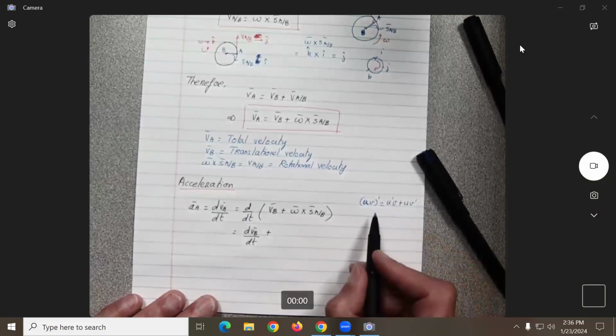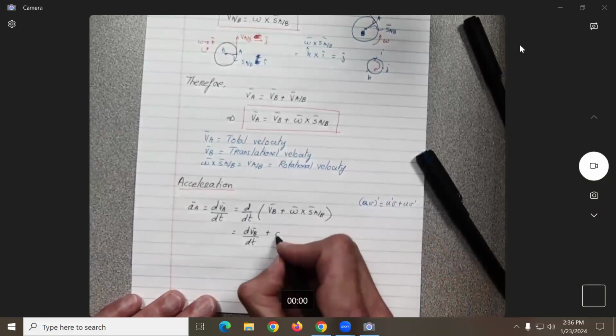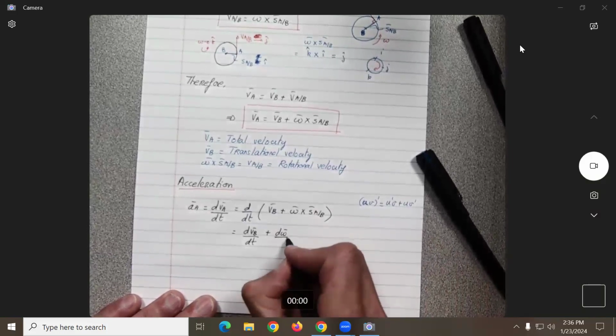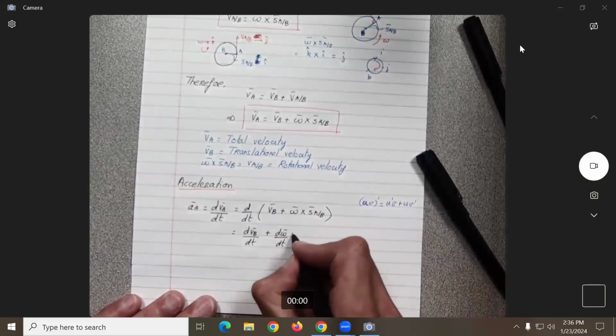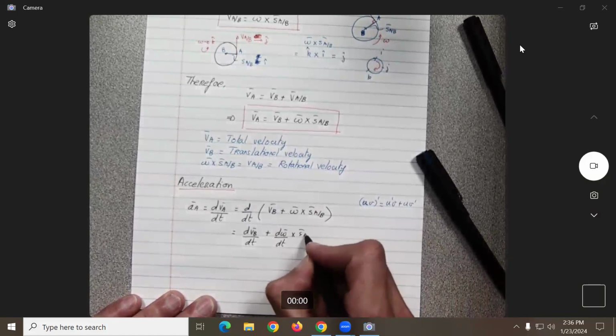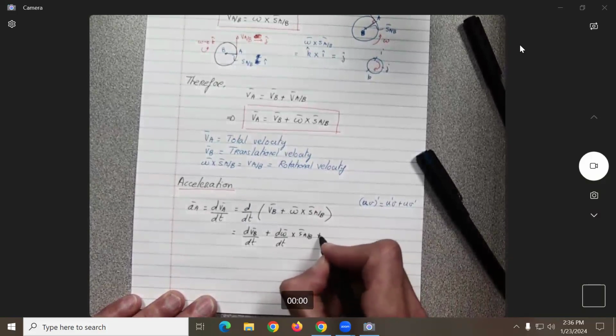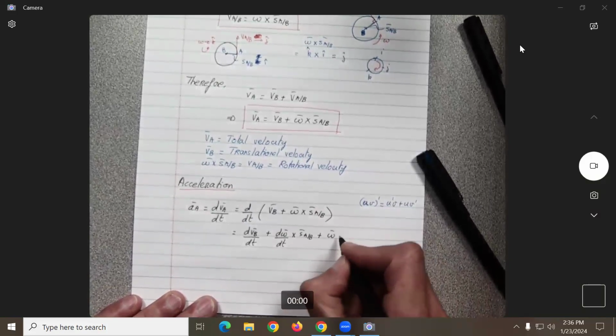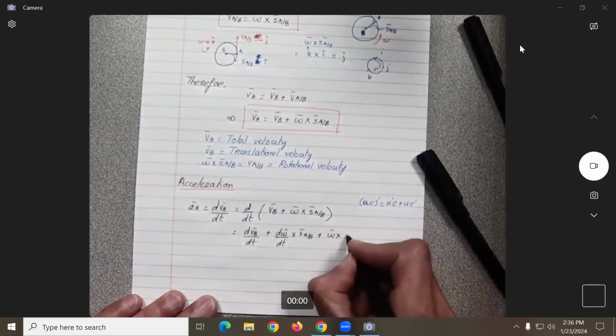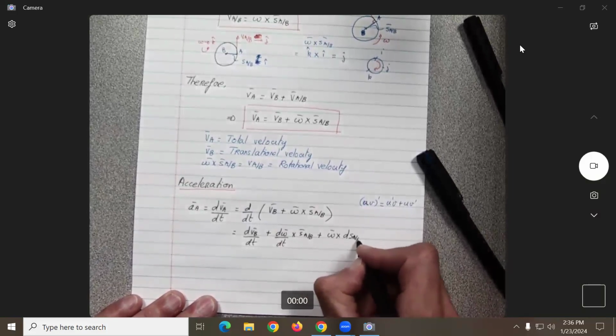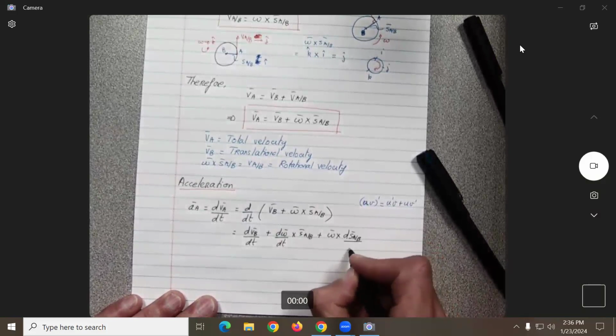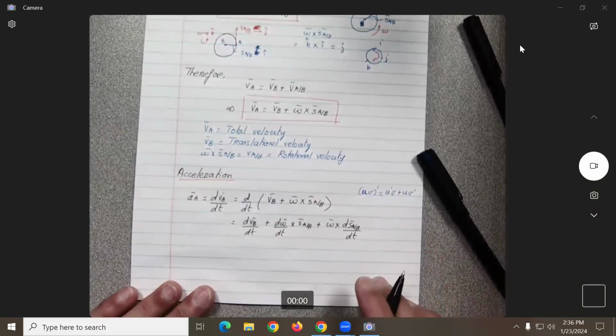Let's do now the UV rule. So we can do d omega/dt cross S of A with respect to B plus omega cross dS of A with respect to B/dt.